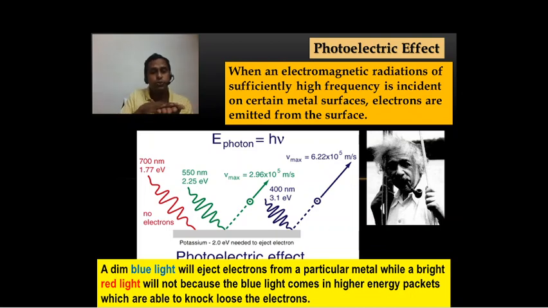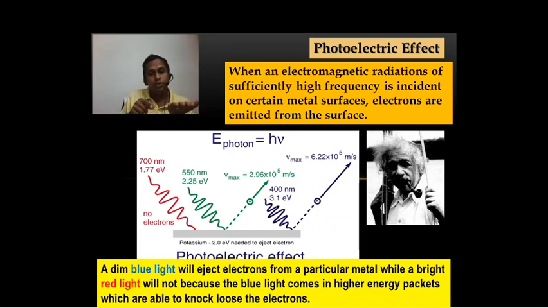Anyway, a work function of 2 electron volt means that 2 electron volt is needed to eject electrons from the metal surface.